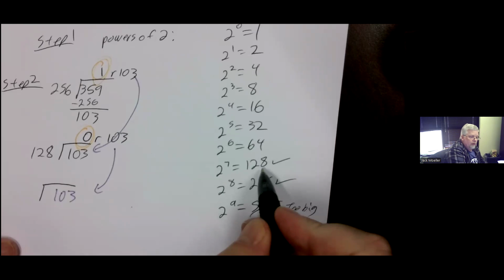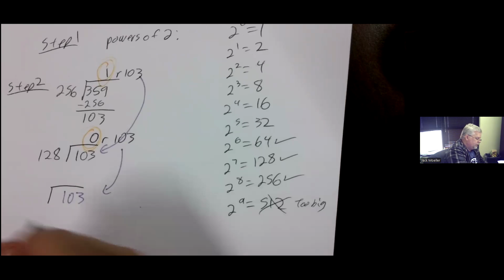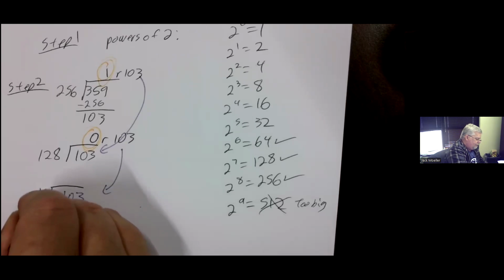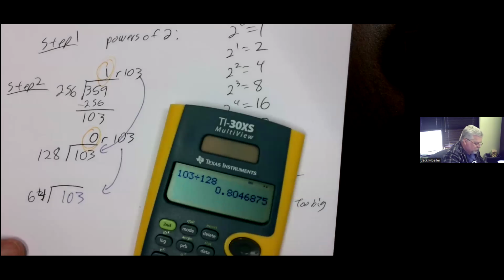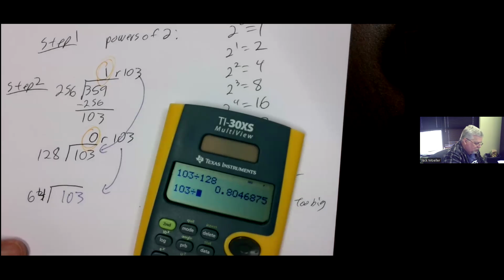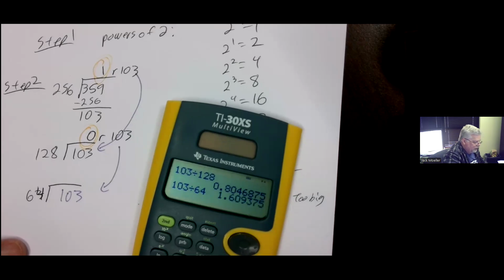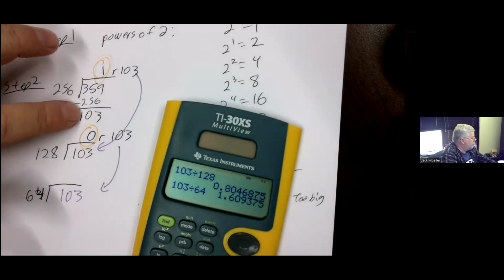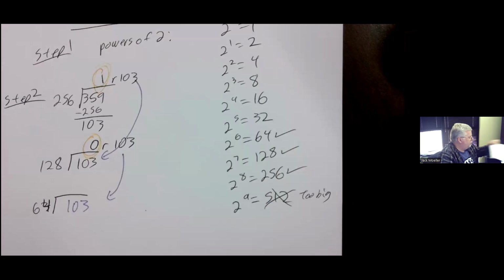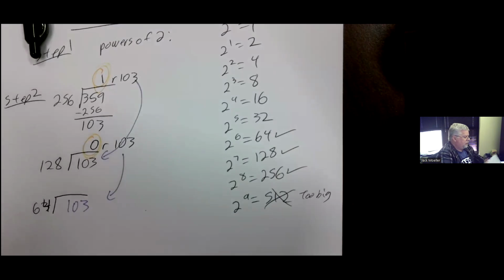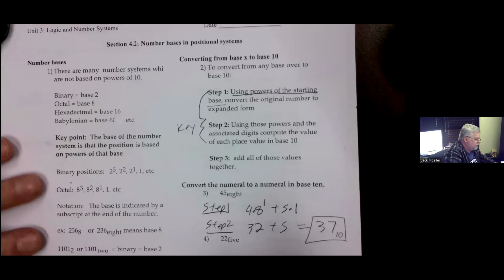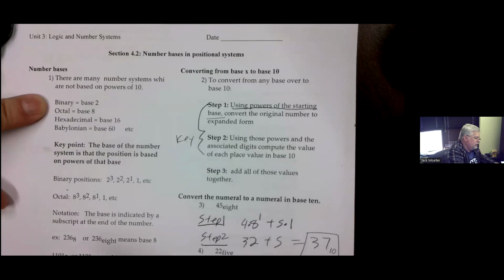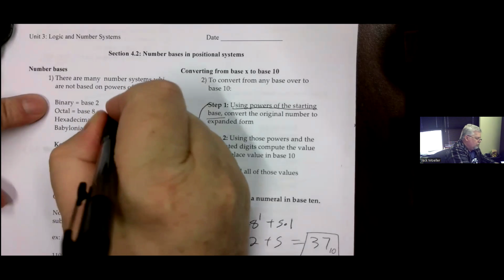So we've divided by 128. Now we have to divide by 64. How many times does 64 go into 103? Well, only 1. If you're dealing with binary, if you're dealing with powers of 2, these answers are always going to be 0 and 1. Something I didn't point out: when you're dealing with binary, your digits are 0 and 1.